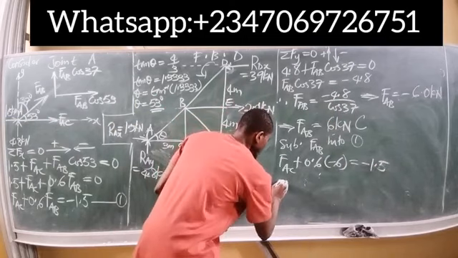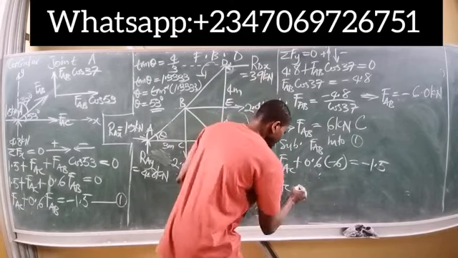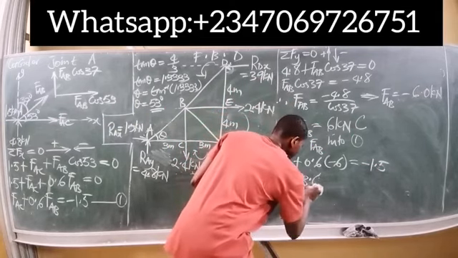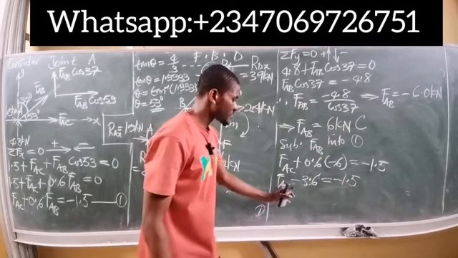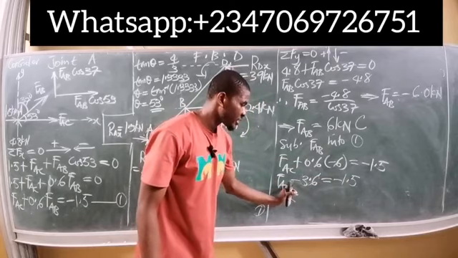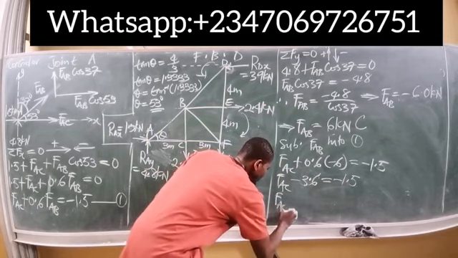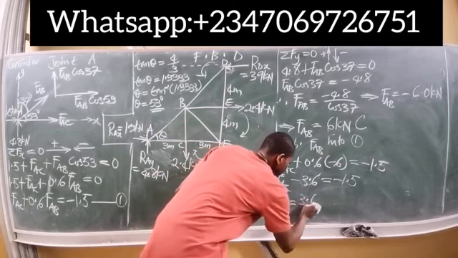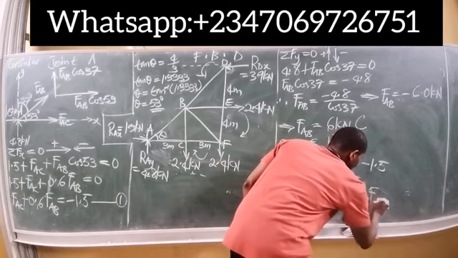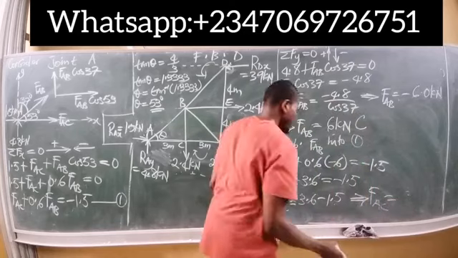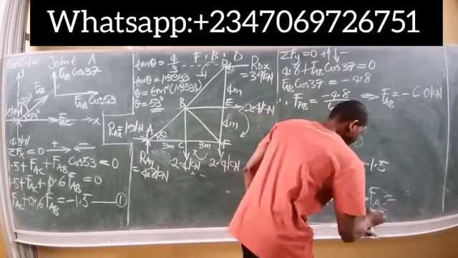So 0.6 multiplied by minus 6 gives us minus 3.6, and that's equal to minus 1.5. So send minus 3.6 over here. The negative sign crosses the equal sign and becomes positive. We simply have FAC is now equal to 3.6 minus 1.5. So the force in member AC is 3.6 minus 1.5, that's simply 2.1 kilonewtons.